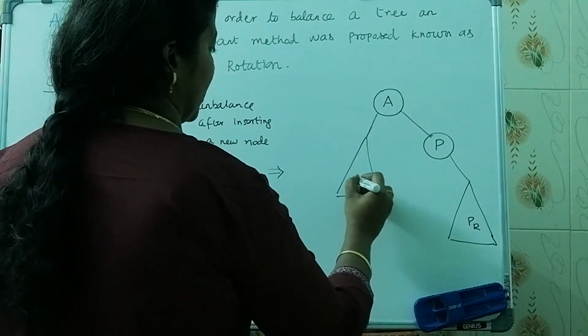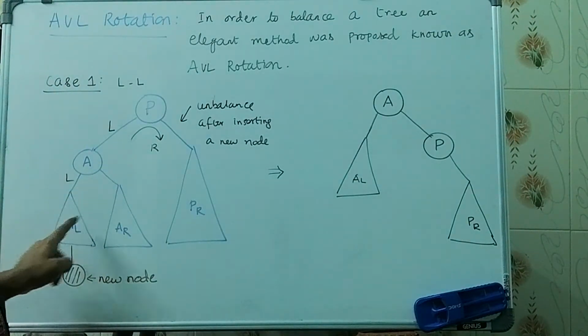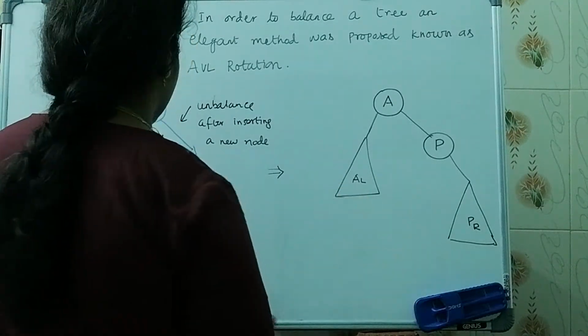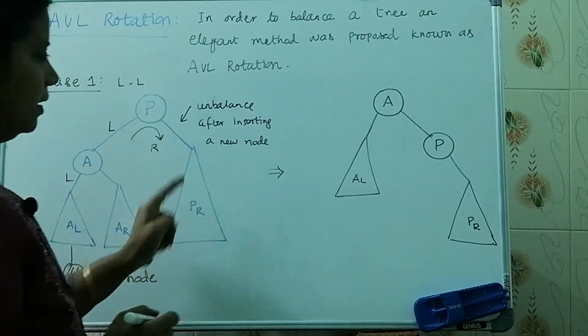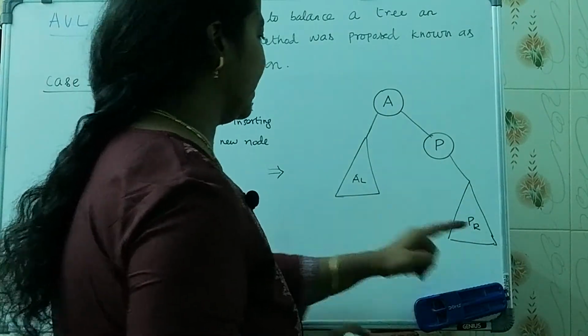There is no change in AL and PR, because AL is less than A, so it has stayed on the left side of A, and since PR is greater than P, we have moved the whole subtree of PR safely to the right-hand side.